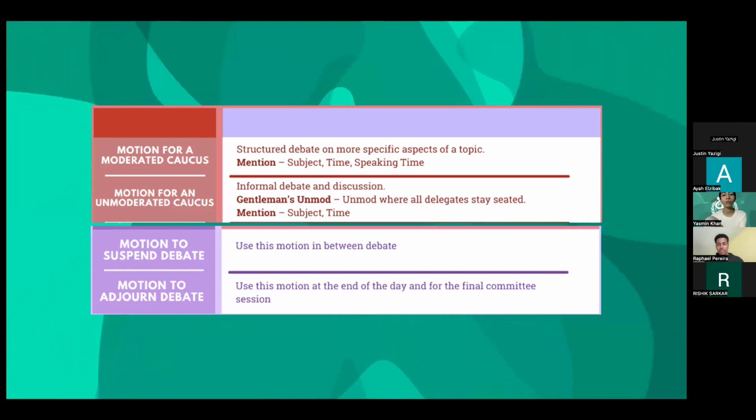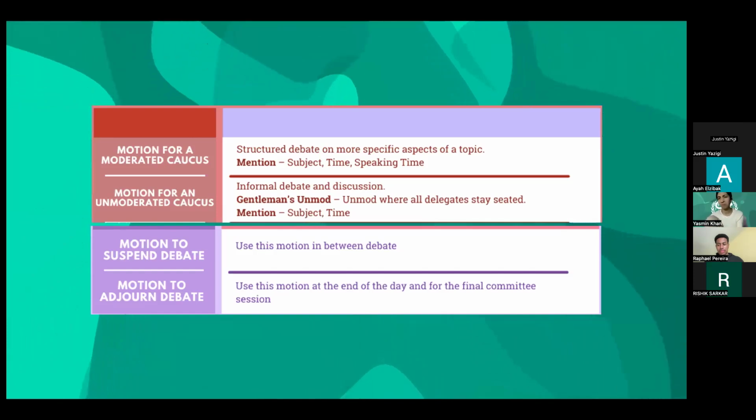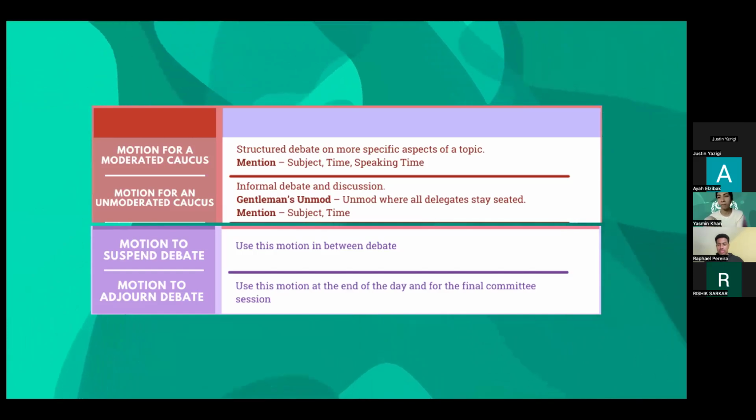Then it's up to the rest of the room to vote upon those things. It's up to everyone what they want, kind of what the vibe is. So there's really no limit. If everyone says yes to an unmod all the time, then that's just what everyone wants, and that's completely fine.